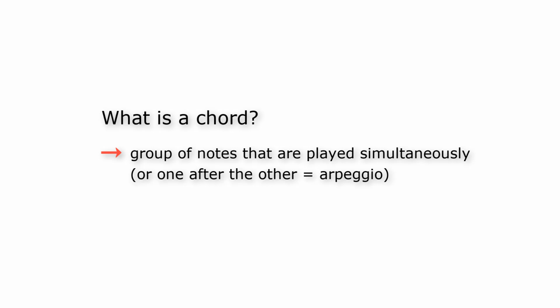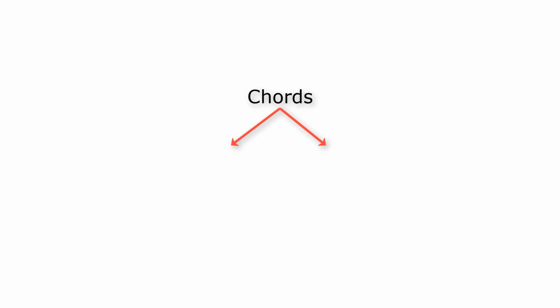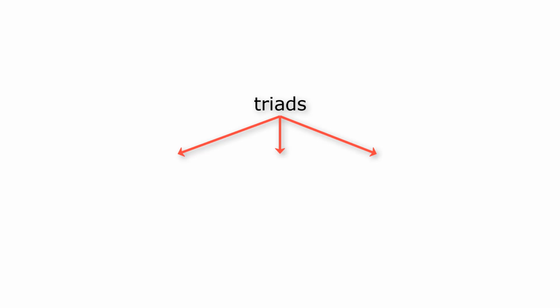Now, there exist a lot of different sorts of chords, of which the most known are the minor and major chords. But other chord types also exist, like diminished chords, augmented chords, and a lot more. But I would say that the most important chords are the major chords, the minor chords, and to some extent also the diminished chords. In chords, we distinguish 2 types of chords: triads and seventh chords. And I will start with triads. A triad is a chord that consists of 3 different notes.